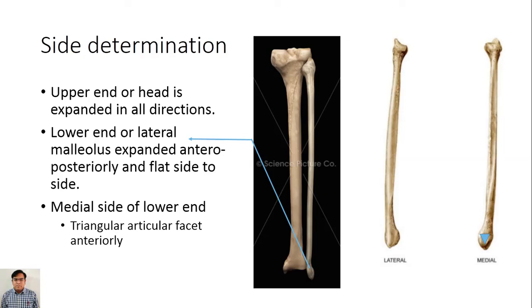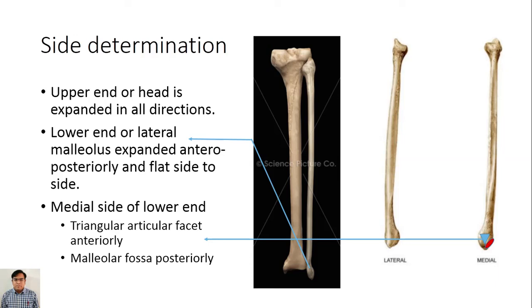In the rightmost photograph, the blue triangle shows the triangular facet, which articulates with the tibia, and the red oval area is the malleolar fossa, which is present posteriorly.